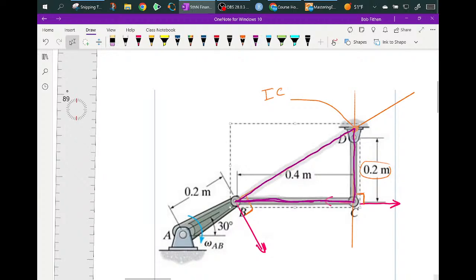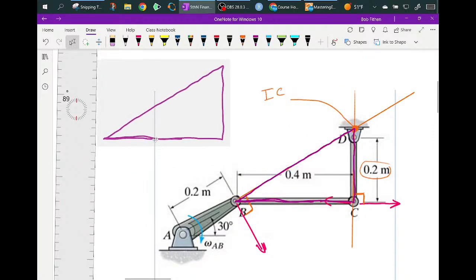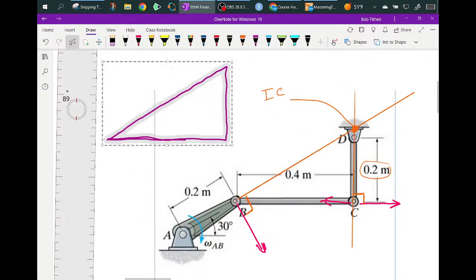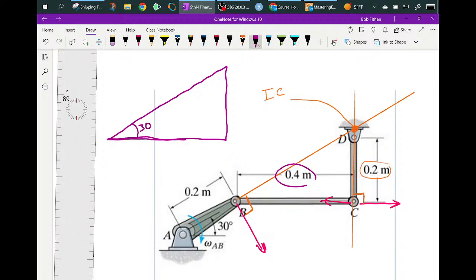I'm going to select that triangle, move it off to the side. I'm going to make use of a couple facts. First fact, that's 30 degrees. Therefore, this is 30 degrees. Second fact is that's the 0.4. So with that and that, the other two, I can actually find all of my distances.